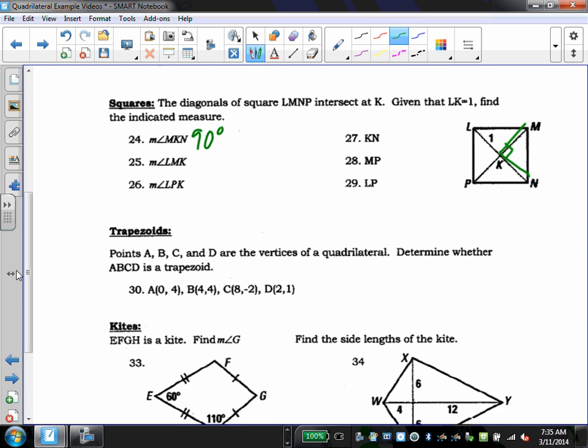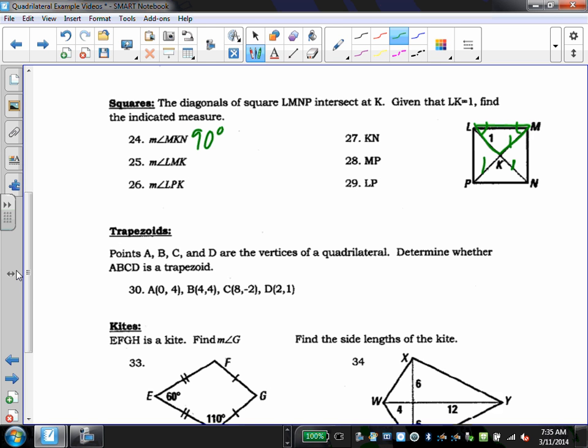LMK. Okay, well, for LMK, a different angle we are looking for. We know that since this diagonal side is 1, this is also 1, this is 1, and this is 1. Notice that this here is an isosceles triangle then, and has two sides that are the same length, which is good. So what we can do with that is we know that these two angles here are going to be congruent.